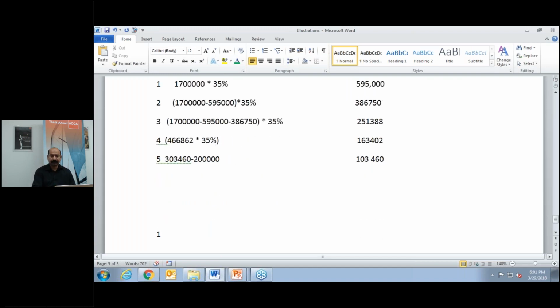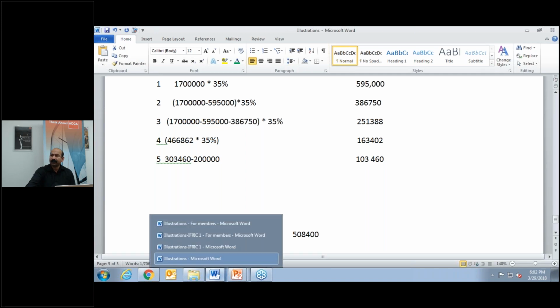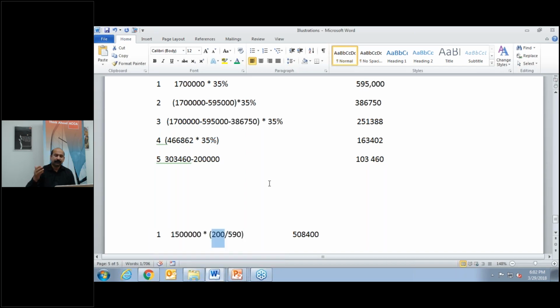We know how we have calculated 1.5 million: this is net of cost and the residual value, multiplied by 200 days in the first year over the total 590 days. Likewise, you will keep on replacing the number of days, so this will give you depreciation for each year.